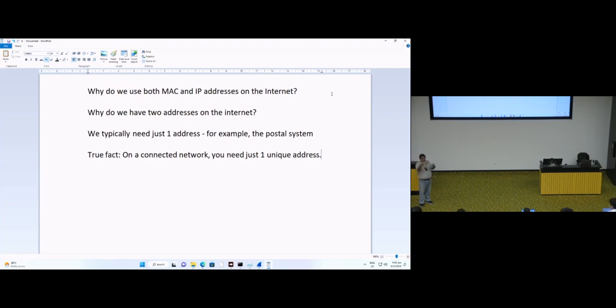So you're correct, but you can change. What I think Max is saying, and many of you are thinking, is IP addresses can change. MAC addresses are not supposed to change, so assuming you don't spoof, MAC addresses are fixed. Maybe that's what's going on. It turns out no, because on a connected network, you need one unique address.